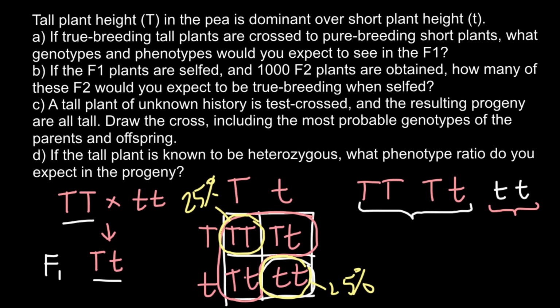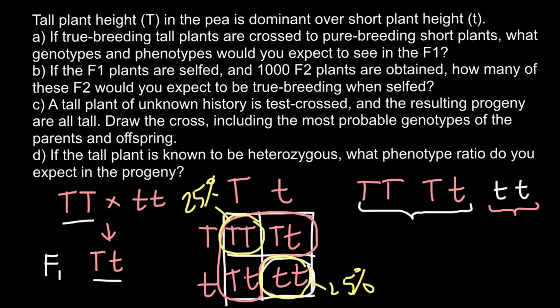So how do we find out if a plant is homozygous dominant or heterozygous? We do a test cross with a known genotype. We take a plant of known phenotype but unknown genotype, and we cross it with a plant of known phenotype and known genotype. This is what we call a test cross.